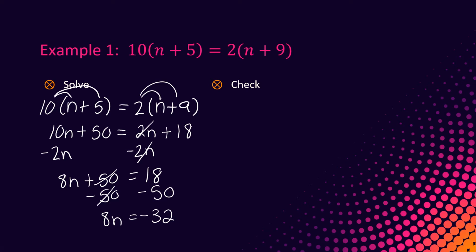And then finally, to get n by itself, we want to divide both sides by 8. And we should get n equals negative 4. With these problems, if you ever want to check your answer to make sure you did the problem correctly, if you have some extra time and want to be thorough, you can go ahead and rewrite the original problem.